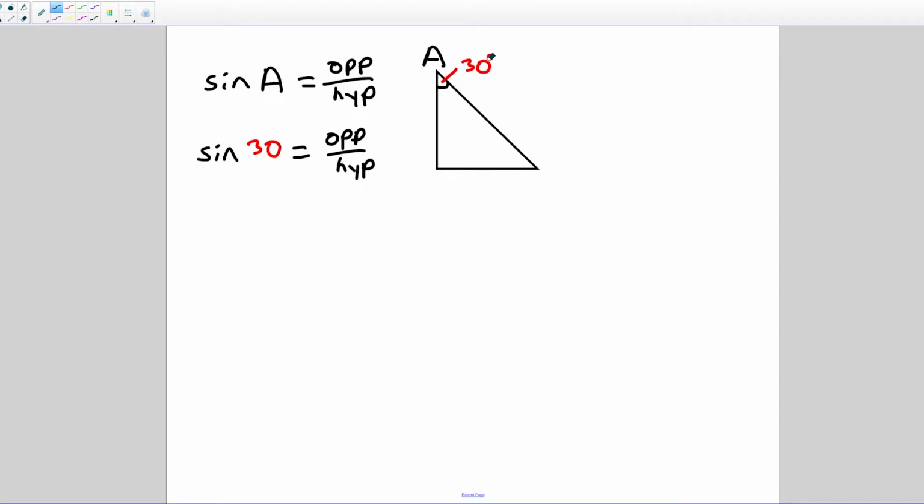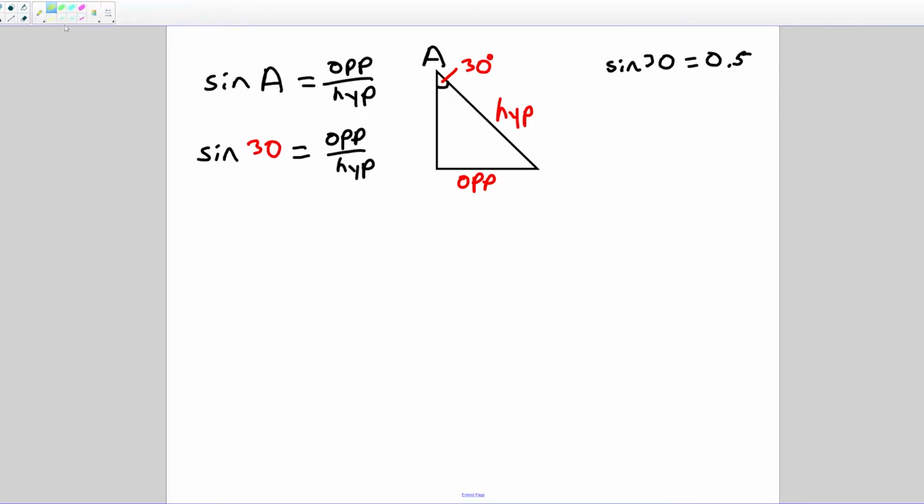Given that I already know that I have an angle of 30 degrees, I need to figure out what the ratio of the opposite side divided by the hypotenuse is. When you punch sine of 30 into your calculator, what it actually gives you is this ratio. If you punch it into your calculator, sine of 30, you actually get 0.5. So sine of 30 is equal to 0.5.